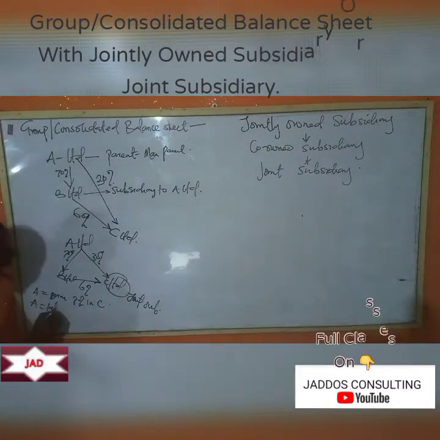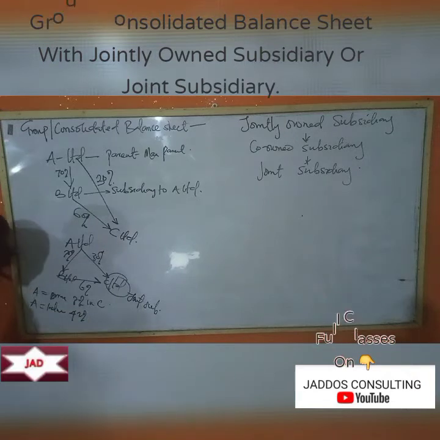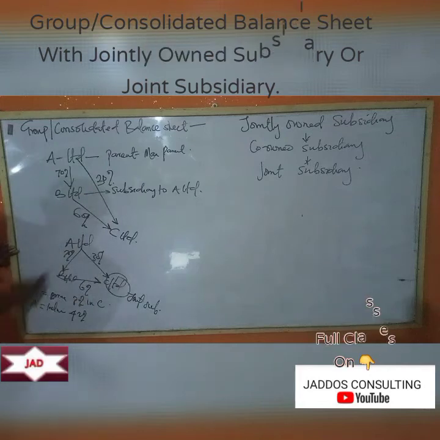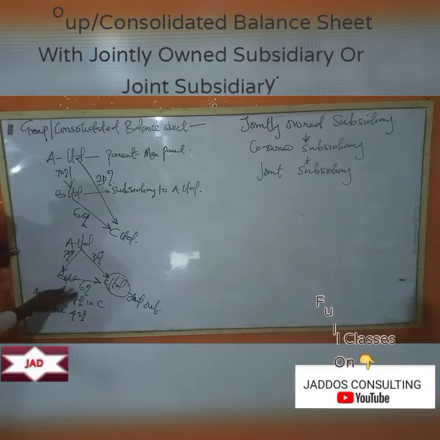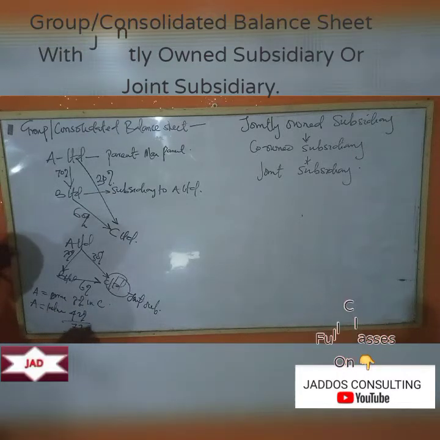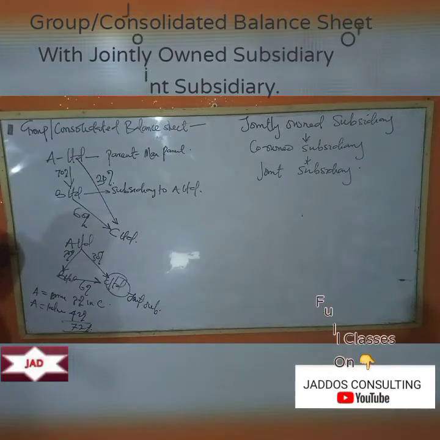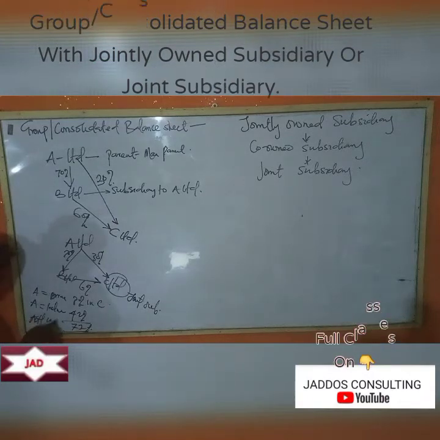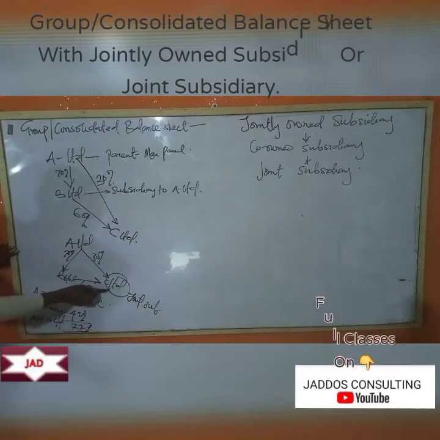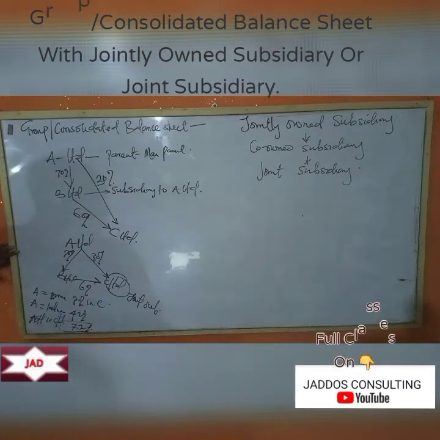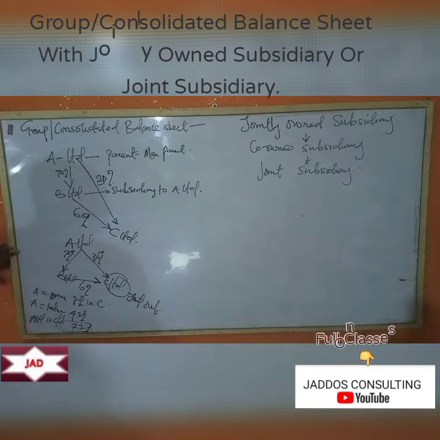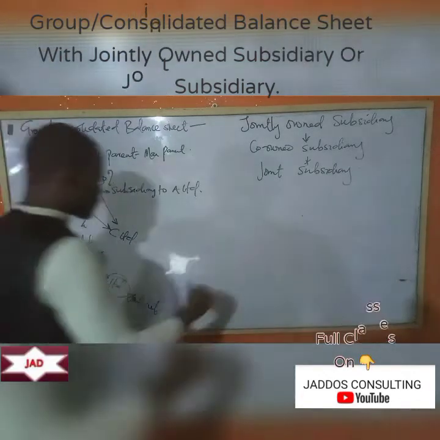So we have indirect 42%. Directly A has 30%. Indirectly it has 42%. So totally we have 72 percent. That will be A Limited in C Limited. So you can see that with this, C is now a subsidiary of the group. So C is jointly owned by both A and B.